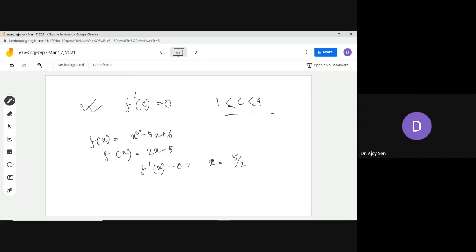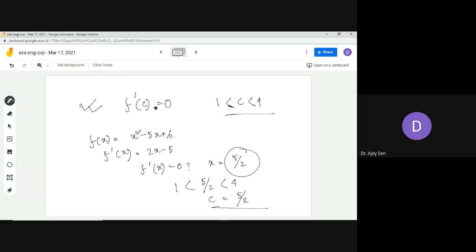That means that point c is this 5 by 2, because this 5 by 2 is lying in this region. So c is basically 5/2, and the Rolle's theorem is satisfied.